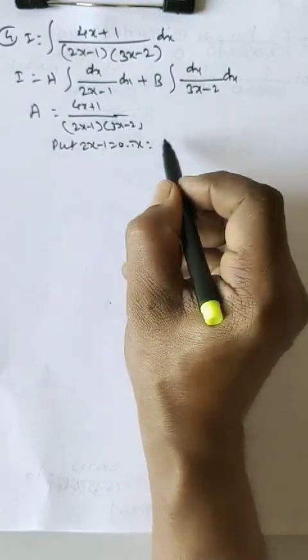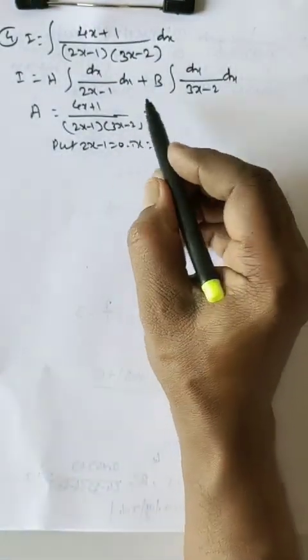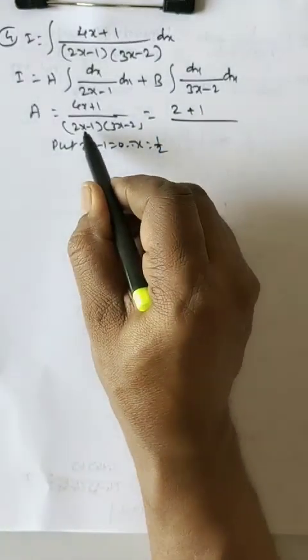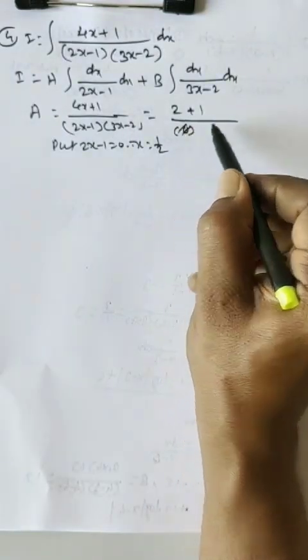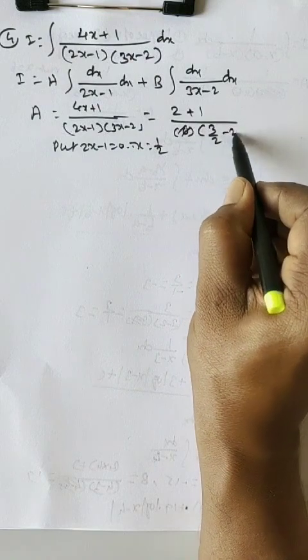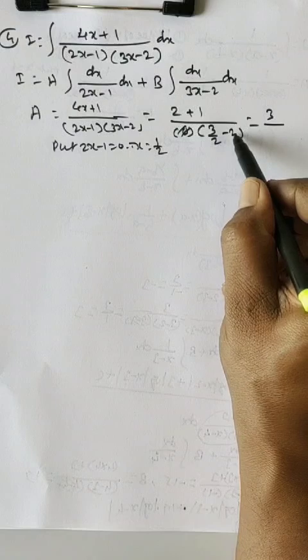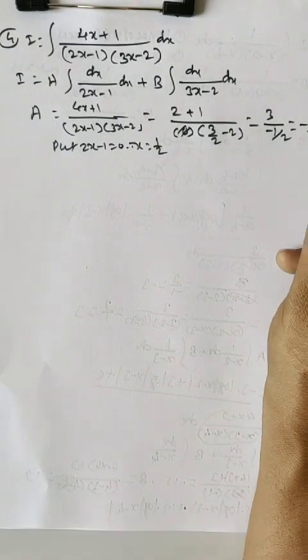Therefore x equal to 1 by 2. Therefore a equal to 4 into 1 by 2, 2 plus 1 upon 2x minus 1, which is 0 and not taken, 3 into 1 by 2, 3 by 2 minus 2, equal to 3 upon 3 by 2 minus 2, that is minus 1 by 2, equal to minus 6.